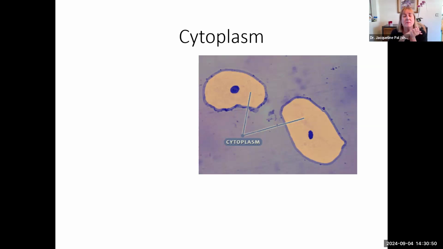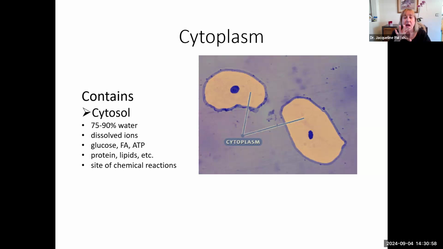Once you're outside of the nucleus, you are in the cytoplasm. The cytoplasm contains lots of the solution of the cell, the cytosol. This cytosol is almost 90% water. And dissolved in this water, we have ions such as lots of sodium, a little bit of potassium, a tiny bit of calcium, a few other things.